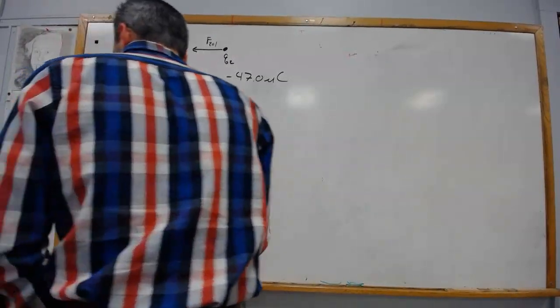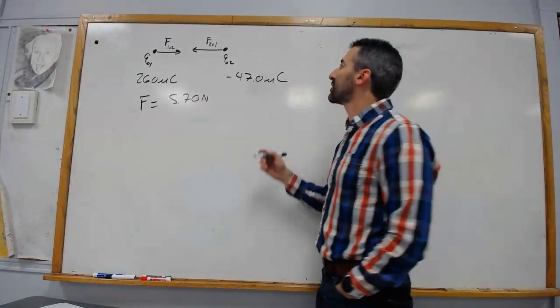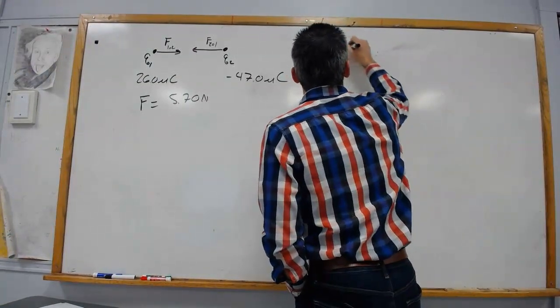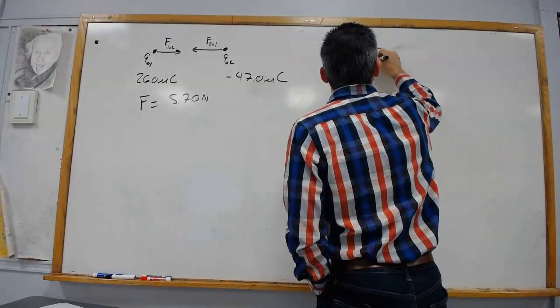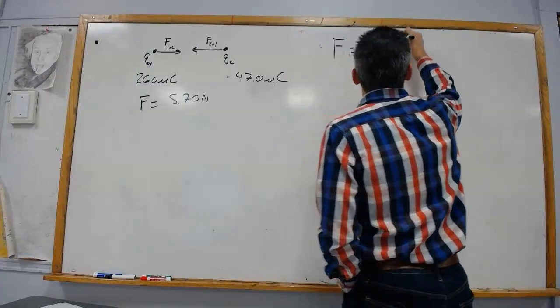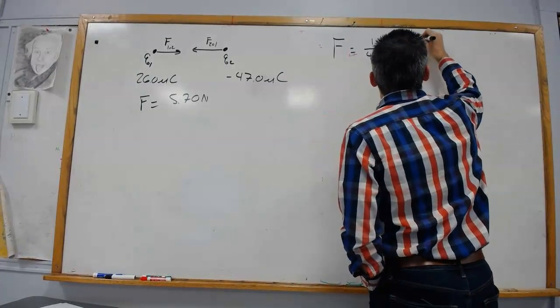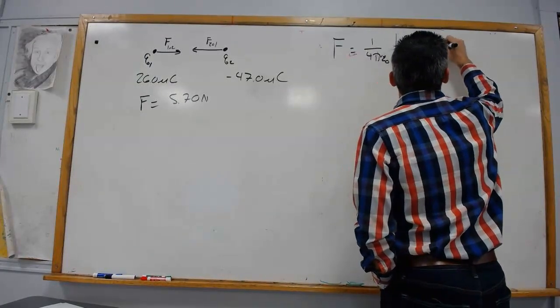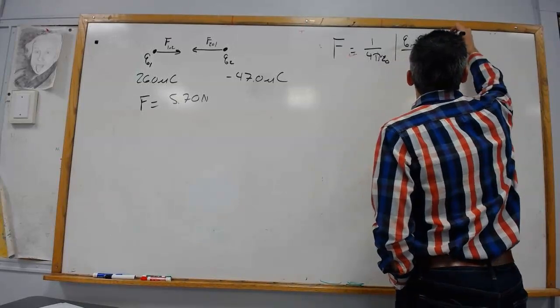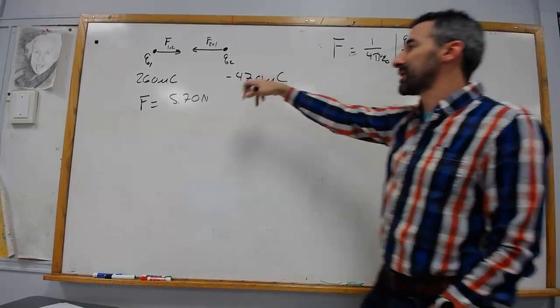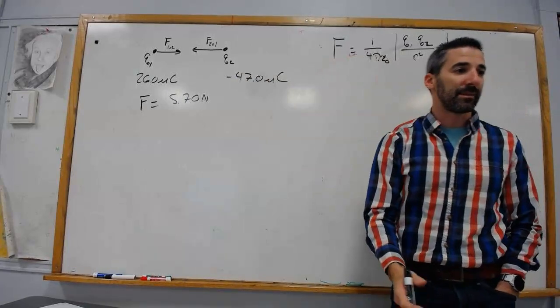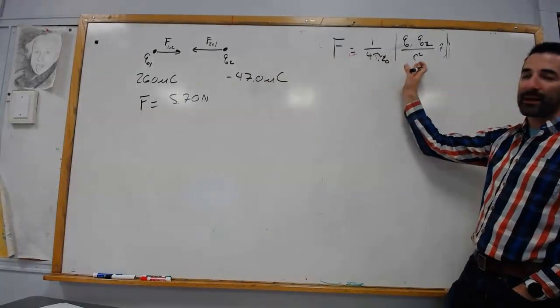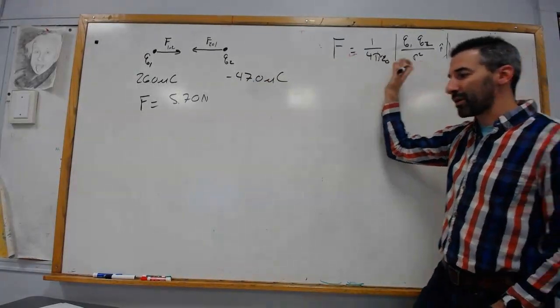So this is just a straight plug and chug question of F equals 1 over 4 pi epsilon 0 times Q1, Q2 divided by r squared in the r hat direction. Now I know it's linear, so my r hat again is just going to be something that you can't see, something that just completes my unit vector form.